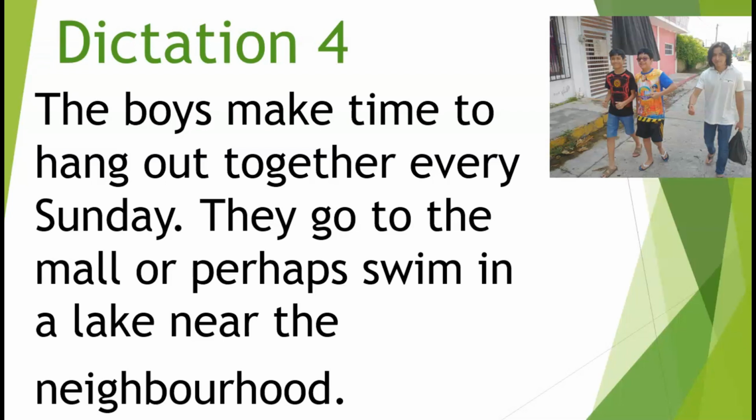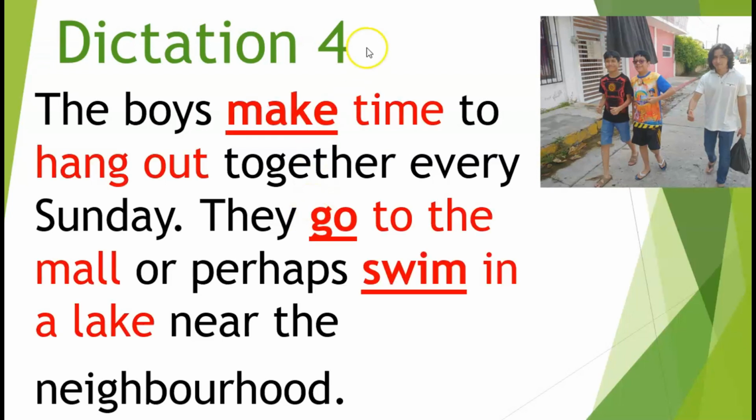Now, in this dictation, there are three simple present verbs, and I'll give you a moment to find those. So first, find the verb and see if you can find the words that might go with that verb. So in this example, we have these verbs: make, go, swim. So we can make time.